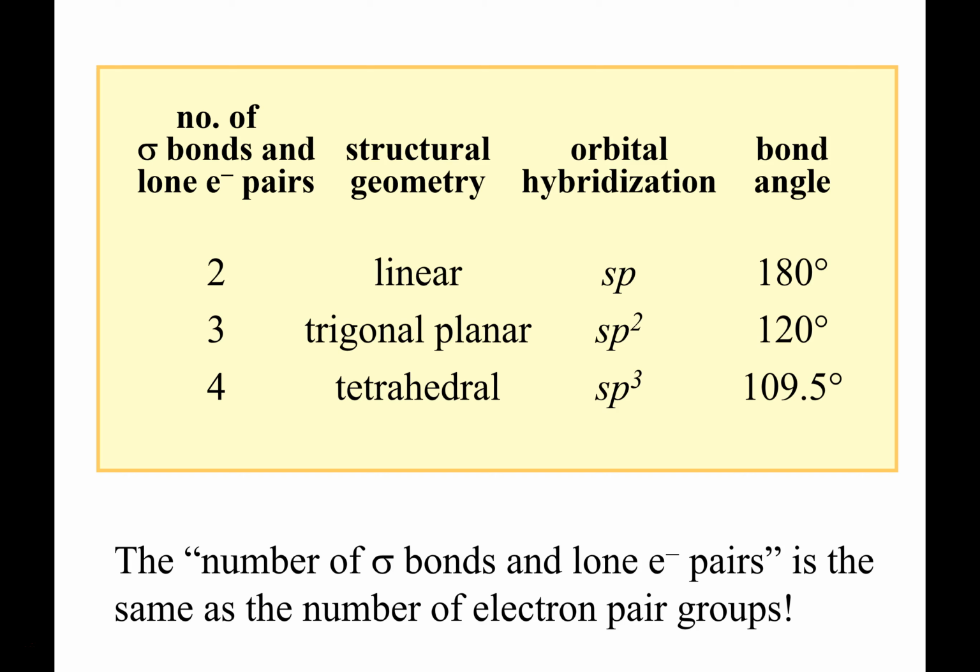This one is SP2. This brown atom's taken one of its S and 2 of its P's and spit back 3 equal hybridized orbitals. The black atom is SP3, 1 S and 3 P's, which gives 4. And the cool thing is you can't tell which is which. There are 4 equal hybridized orbitals.